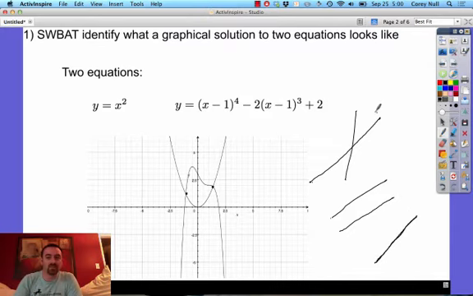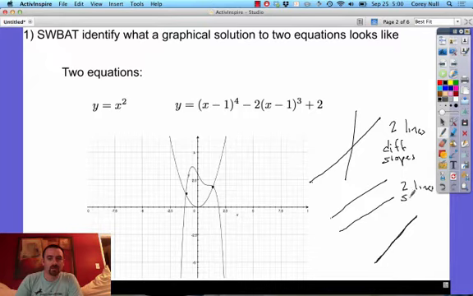Okay, this is two lines, different slopes, two lines, same slope, also known as parallel, and this is two lines, same slope and same y-intercept. So these are really two lines that are really the same line.